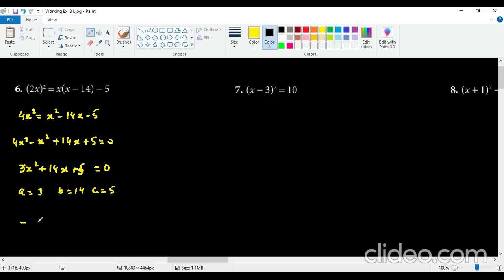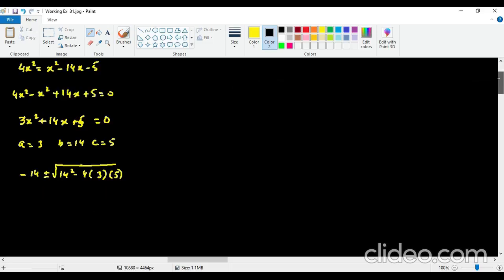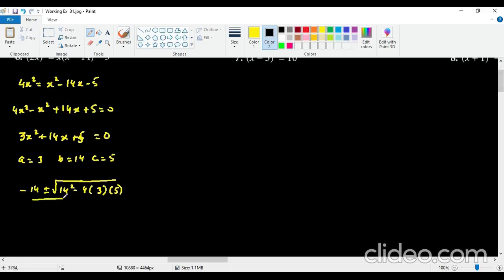So minus b is 14, plus minus under root b square minus 4ac, means b square minus 4 times a is 3 and c is 5, divided by 2a. 2a means 3, so 2 times 3 is going to be 6.